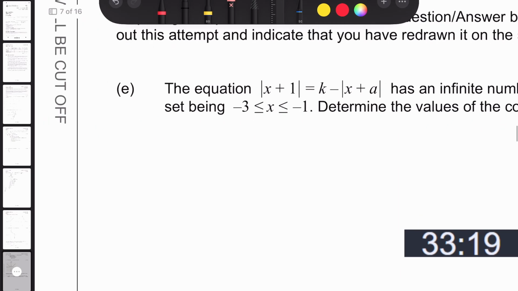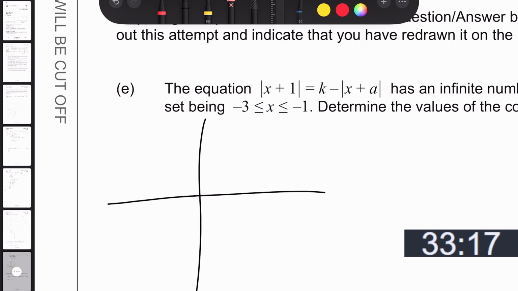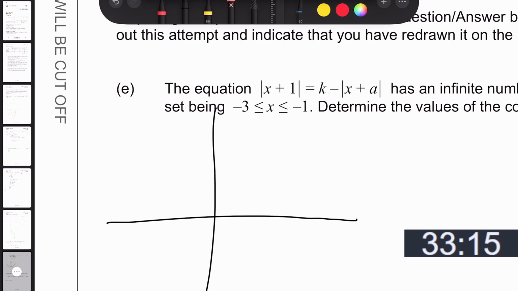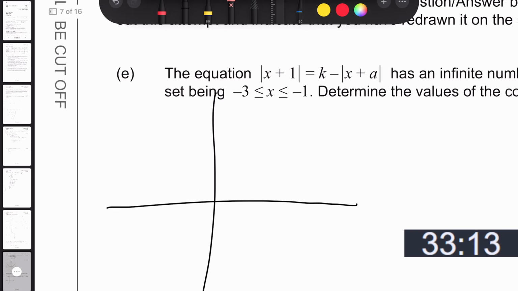-3. So x plus 1. Let's have a quick sketch. So x plus 1 is going to have a critical point here. And then it says from -3, so maybe x is -3 here. Let's do another line. And then -1.